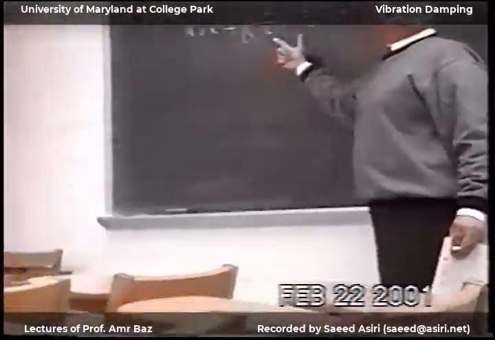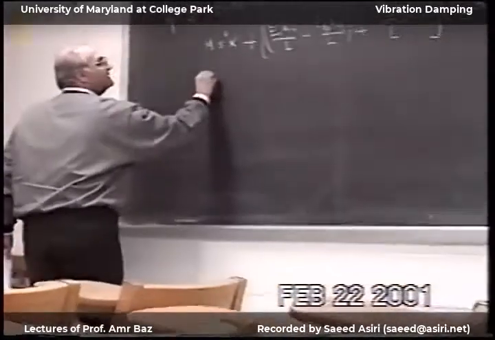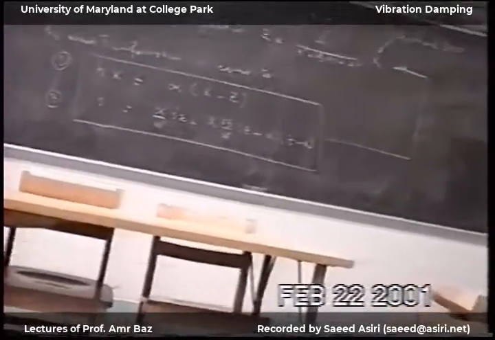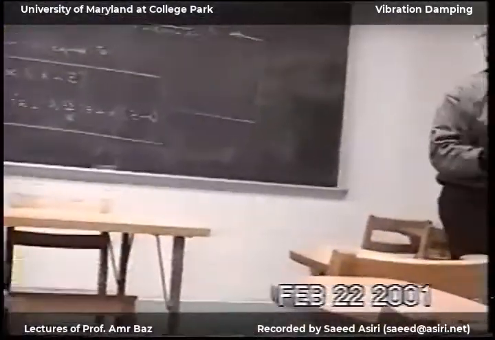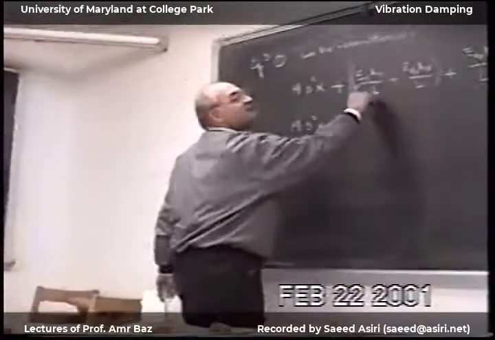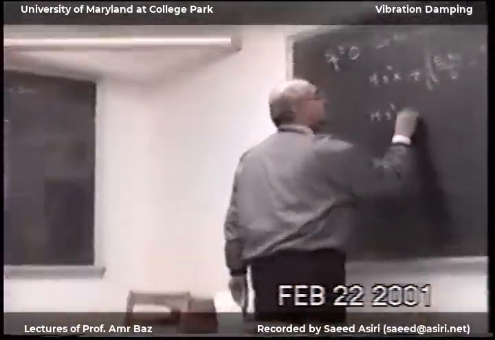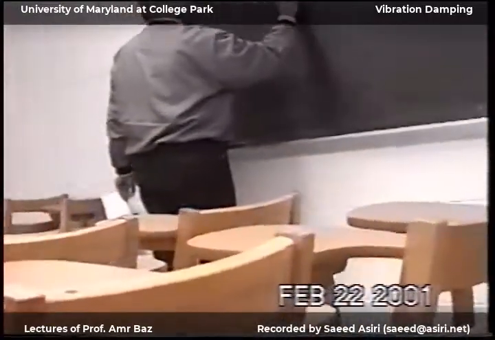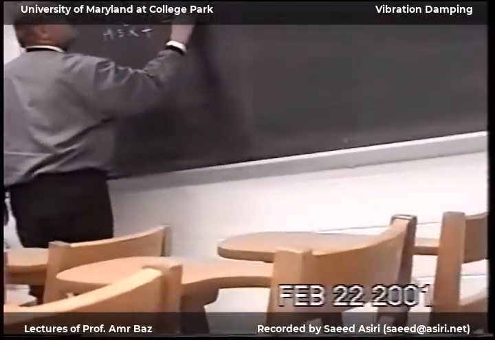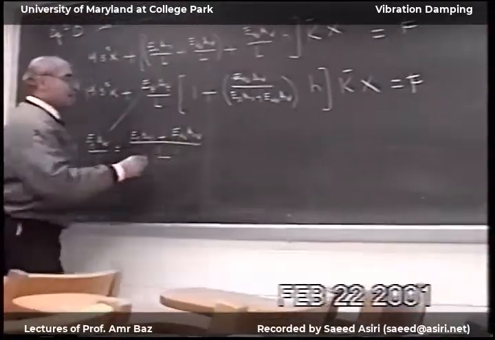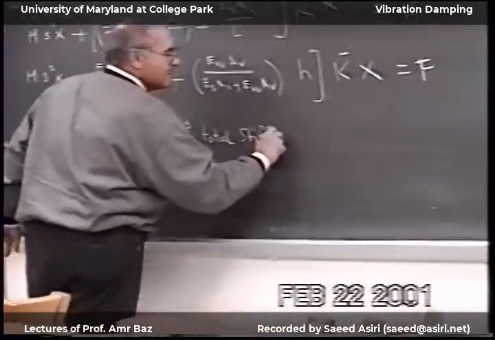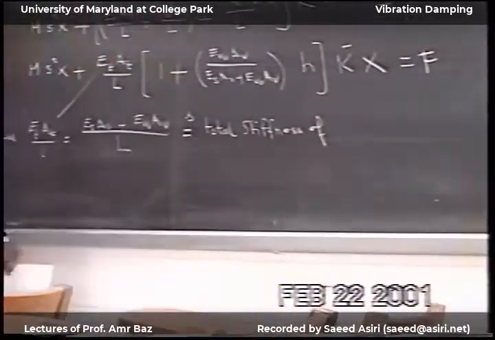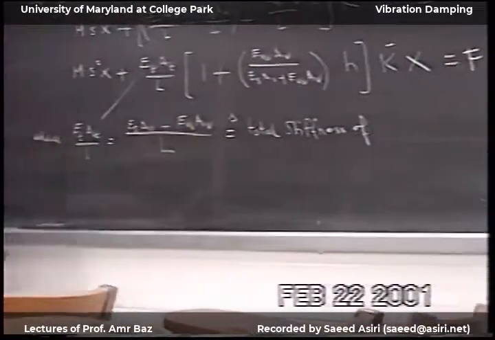And then I'll factor out this term from the bracket. This term is the structure plus the viscoelastic at zero frequency. So this will be the total stiffness of the assembly. This first term we'll call E_T, a total stiffness of the structure and viscoelastic material at zero frequency.